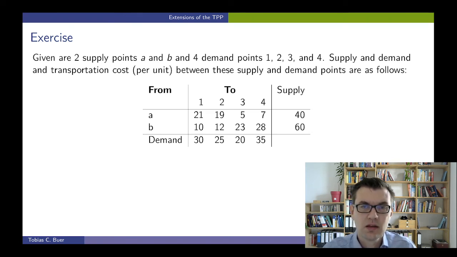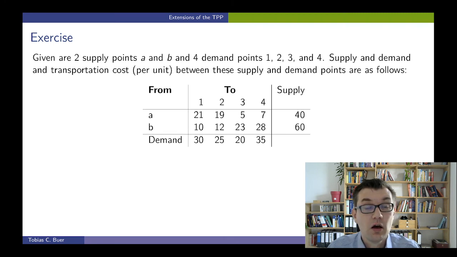So please model the following transportation problem that has only two factories, two supply points, and four demand points. The transportation cost is given here. The demand for each warehouse is given in the lowest row, and the supply from each factory is given in the rightmost column. Solve this problem via Excel.